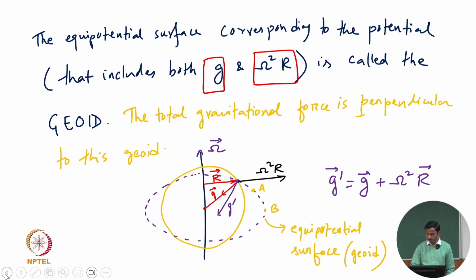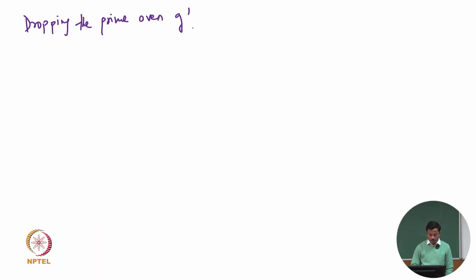In all cases from now onwards, whenever we say G, we assume this is the effective gravity. We'll drop the primes from the next slide onwards, that is, dropping the prime over G prime.